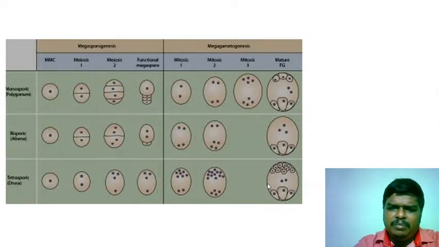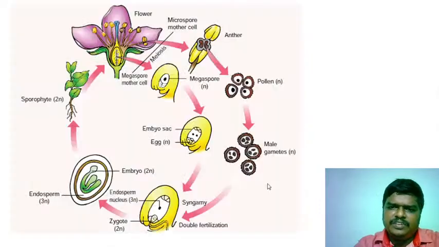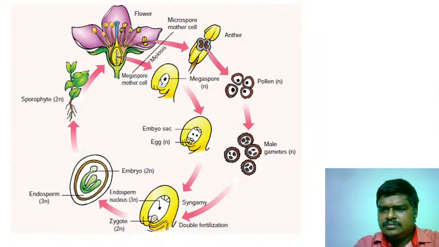We cannot count how many there are. That is the difference. Yes, megaspore mother cells undergo meiosis and form 4 haploid cells. Even microspore mother cells also undergo meiosis, because any formation of gamete is a meiosis process.